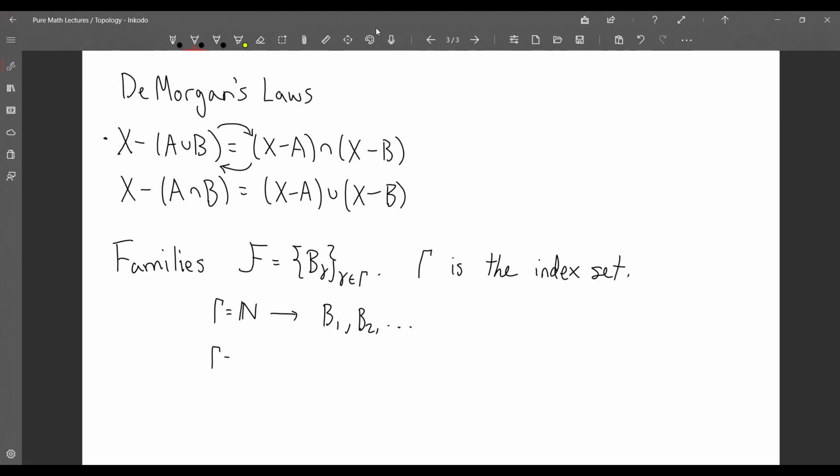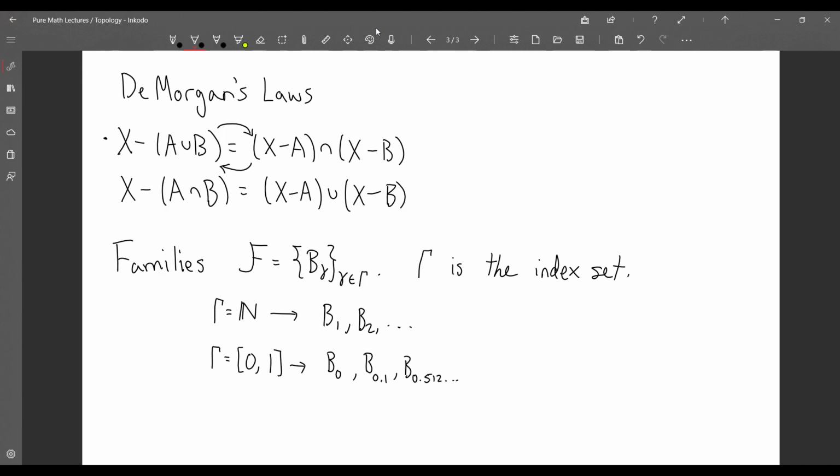But the nice thing here is that we can have even uncountably infinite families of sets, right? So if gamma was the interval between 0 and 1, we could have B sub 0, we could have B sub 0.1, and really just B sub whatever.